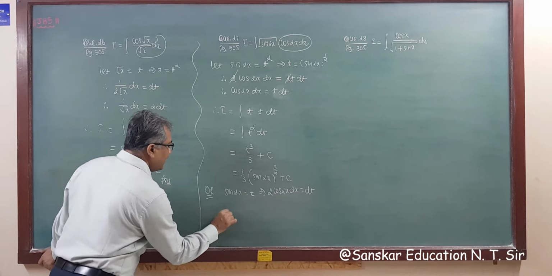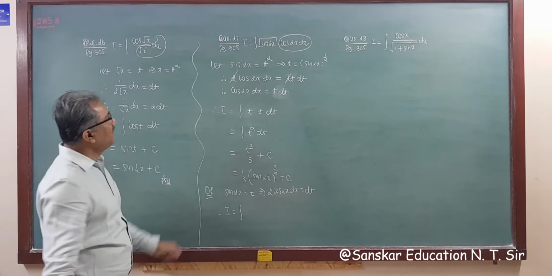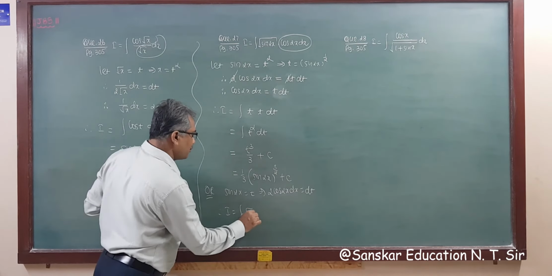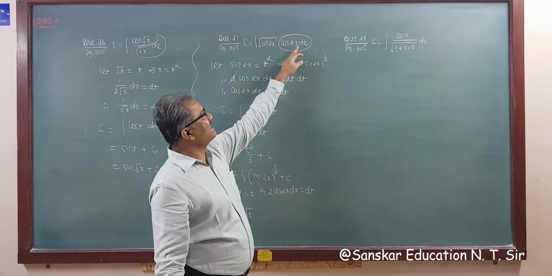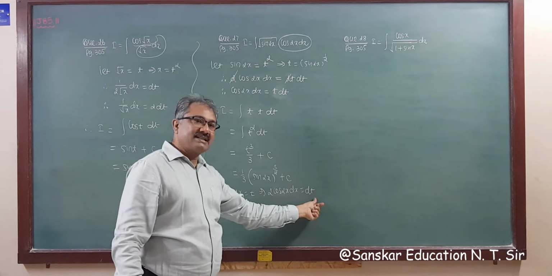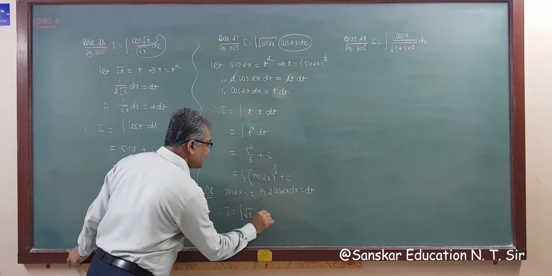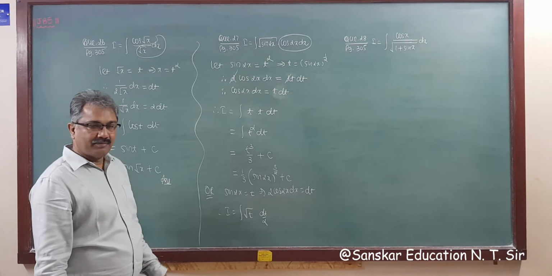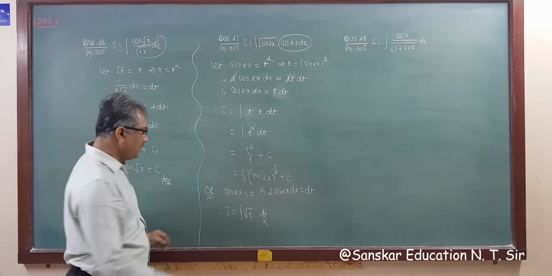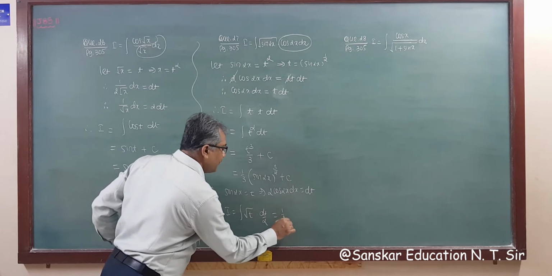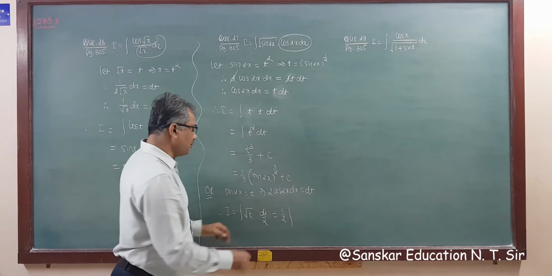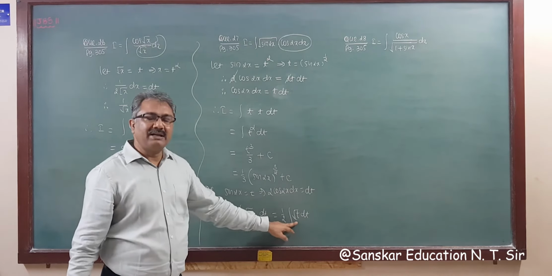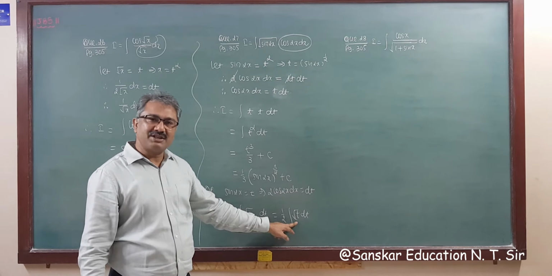So your I will be integration of root t, since sin 2x is t under root, and cos twice x dx is dt by 2. So this is dt by 2. Got it? So this is 1 upon 2 integration root t dt. Now you know integration of root x is 2 by 3 x raised to 3 by 2.